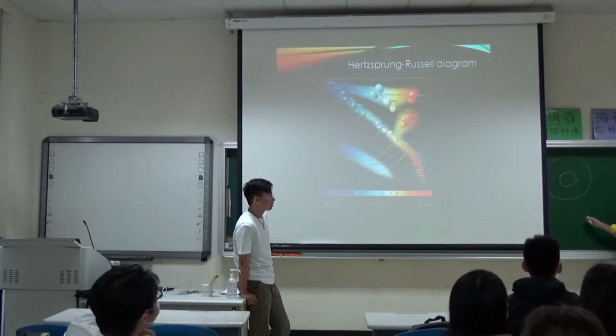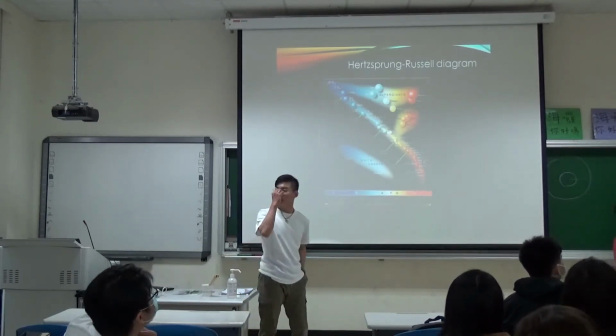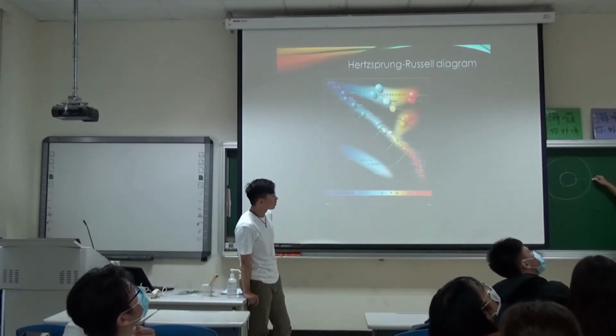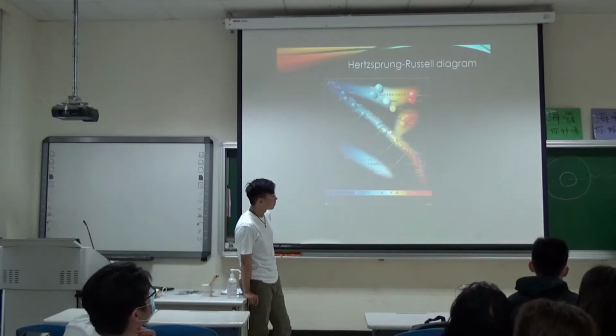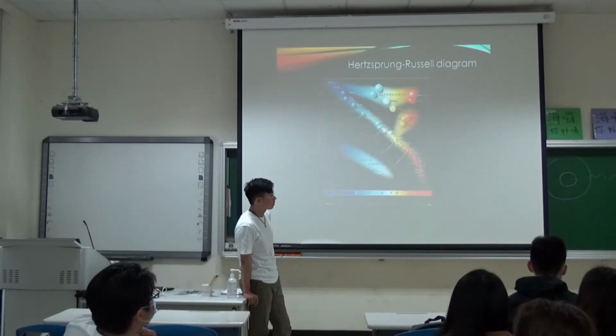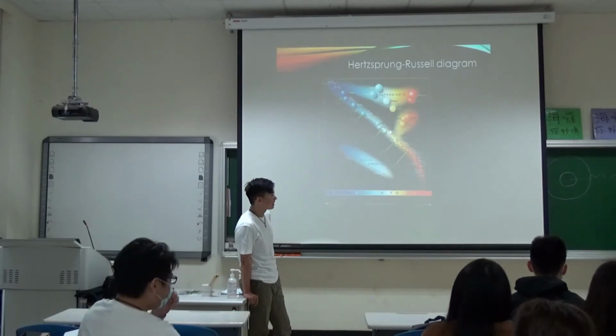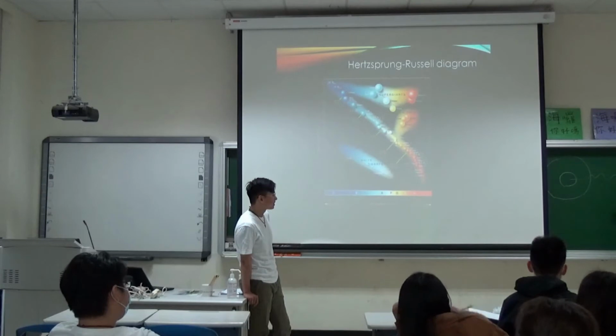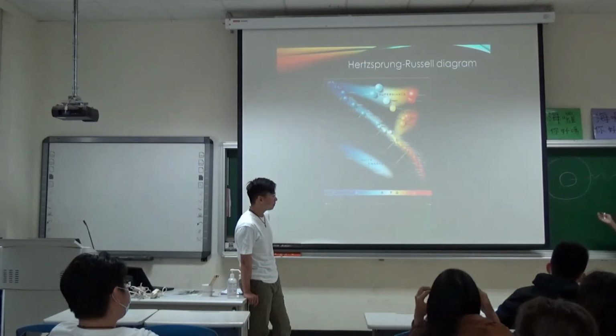And how do we know the surface temperature? Hang on for a minute. Okay. The spectrum. The surface temperature. We know the surface temperature from the radiation that reaches our Earth. And so combine this.